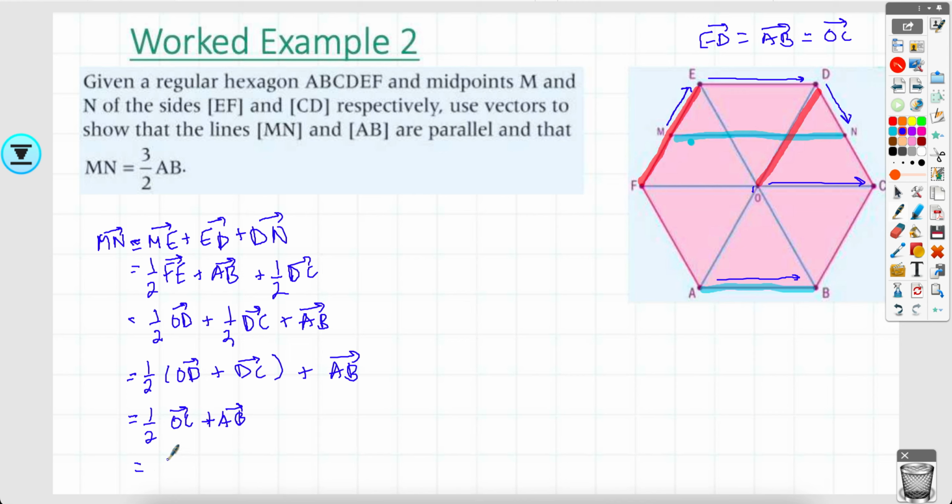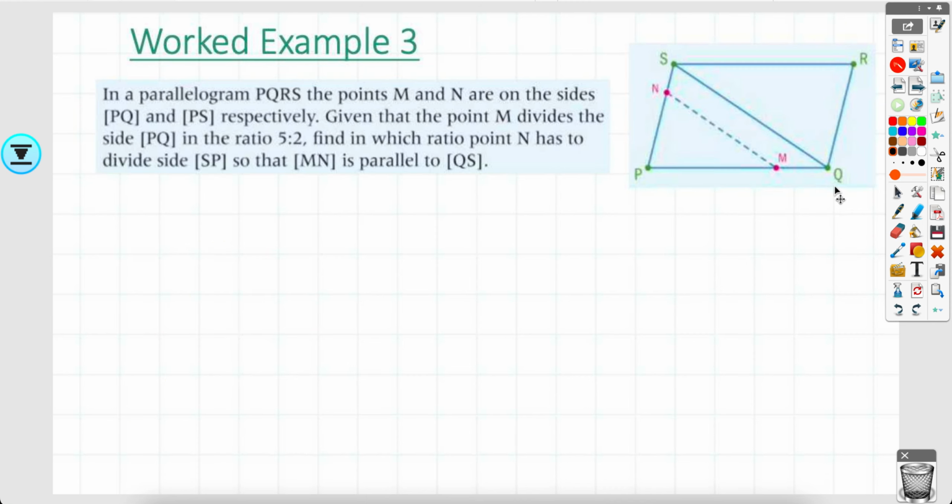So I have half of AB as well. So half of AB plus AB will just give you 3/2 AB. And you can use the same conclusion as before: the fact that they're parallel because it's a scalar multiple, and so on. So just use a few minutes to write that extra sentence.